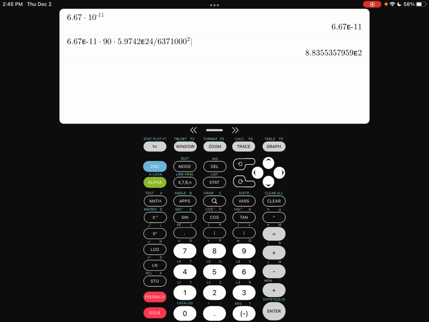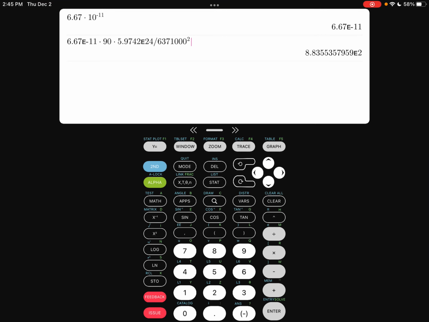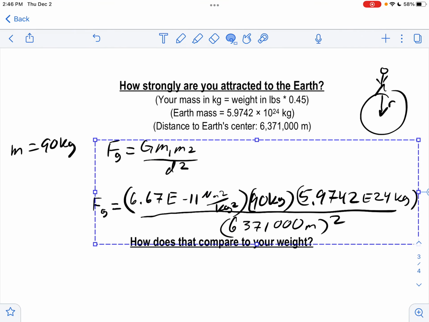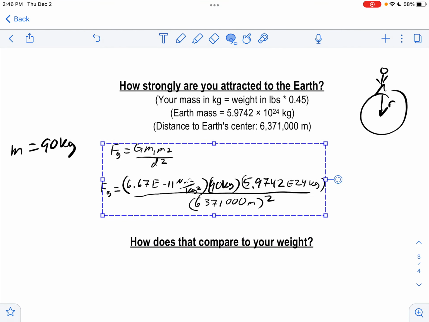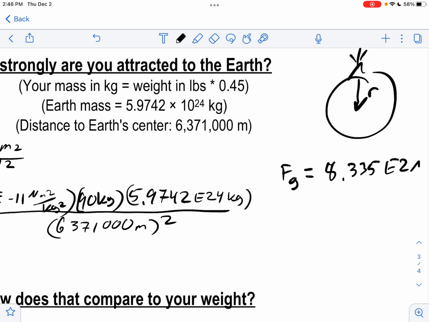Let's take that number one more time, 8.335 e to the 2.